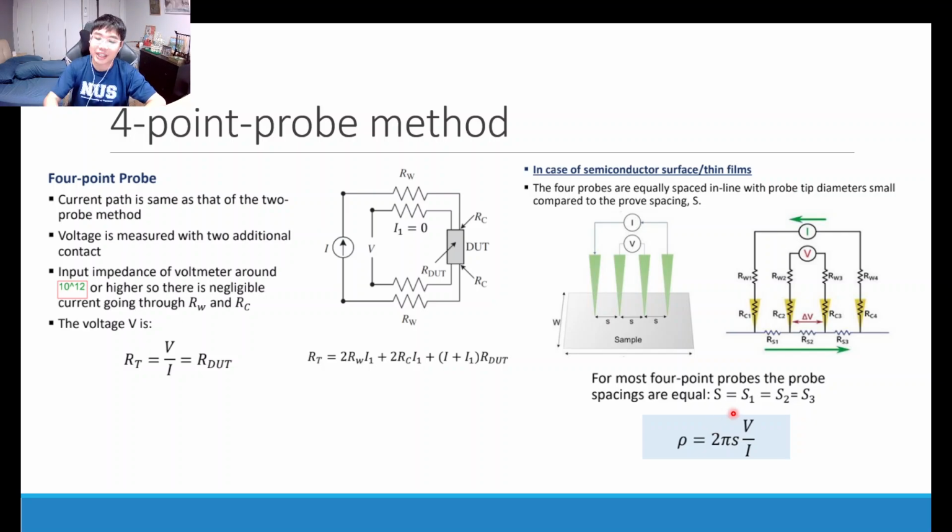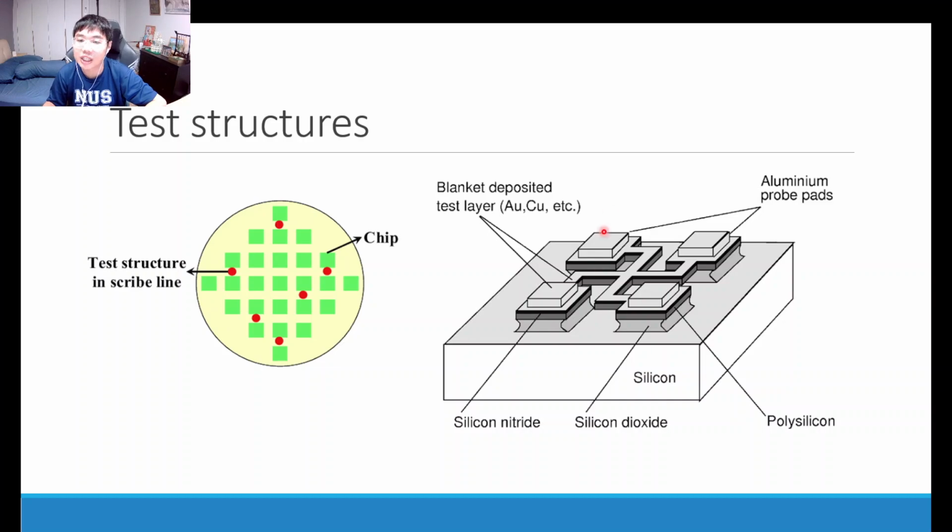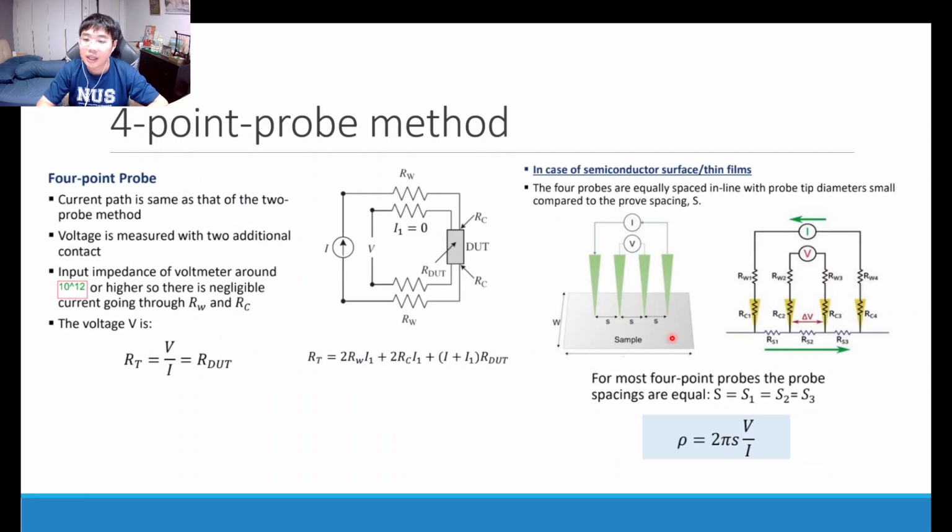However, for the case of a test structure, your 4 points will just go to your 4 probe pads. Of course, for these measurements of resistivity and sheet resistance, sometimes you need to introduce correction factors to correct for certain approximations that this expression makes in terms of geometry and all that. However, I'll not go through that in this video today.